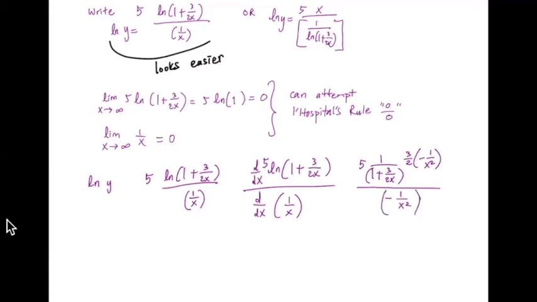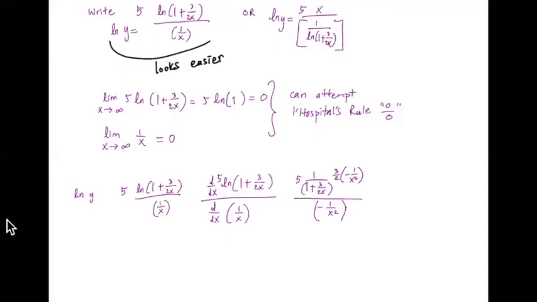And I see that I can cancel out the 1 over x squared. So I have 5 times 3 over 2, 1 over 1 plus 3 over 2x.